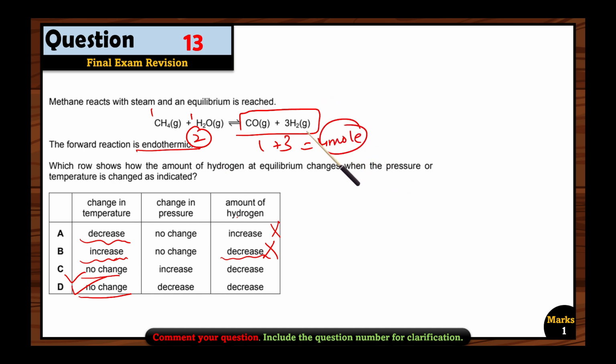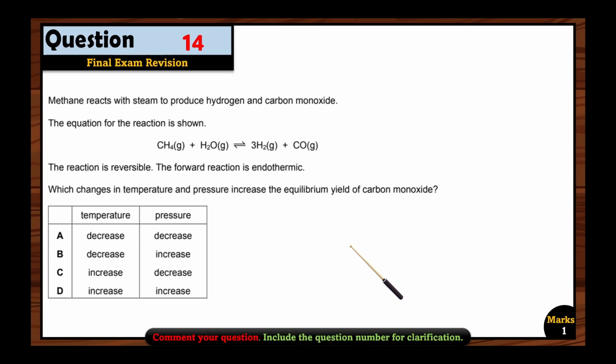So if you increase the pressure, it will favor the reactants, not the product. But they are asking about the amount of hydrogen. So if you increase the pressure, the amount of hydrogen will be decreased. So this option is the right option. So that's why option C is correct.